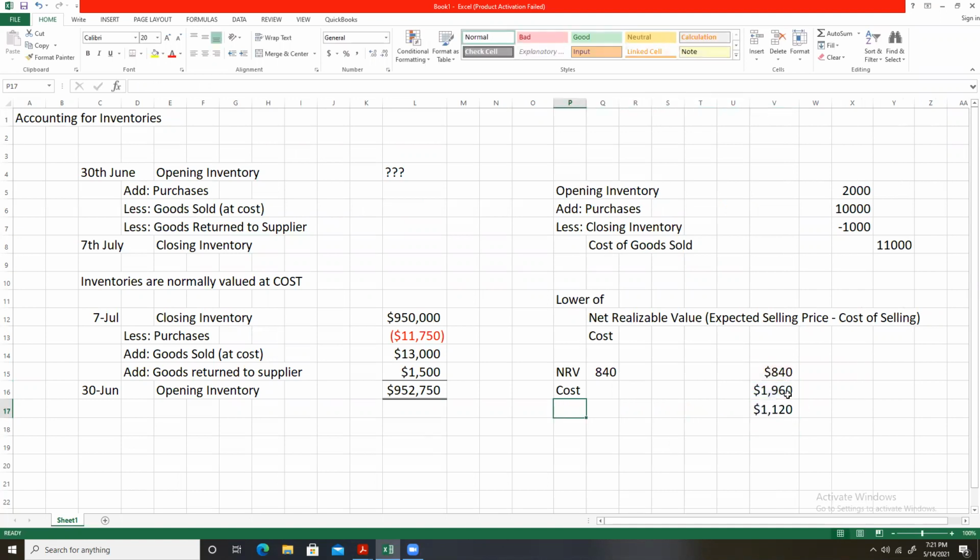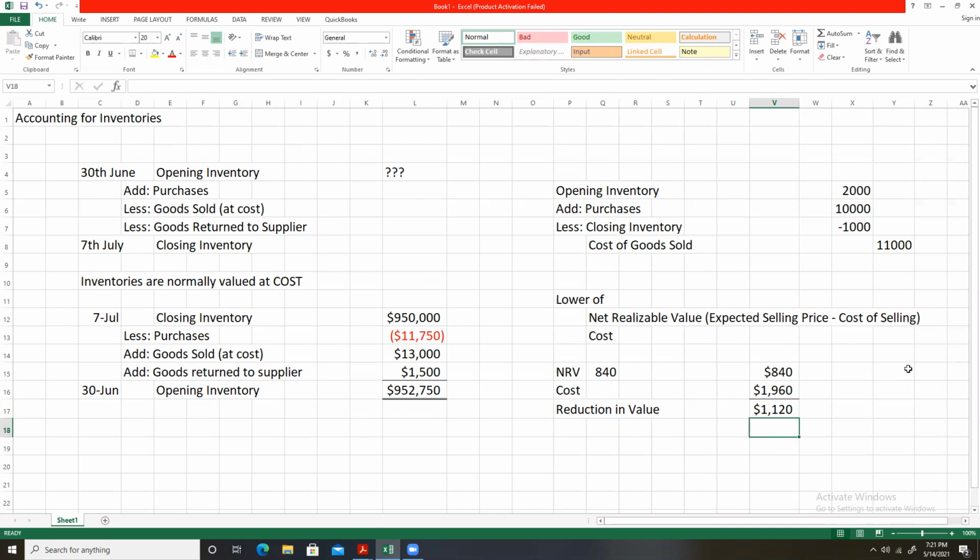This means the reduction in the value of the total inventory is $1,120. The reduction in the value of inventory is $1,120, as the value has fallen.